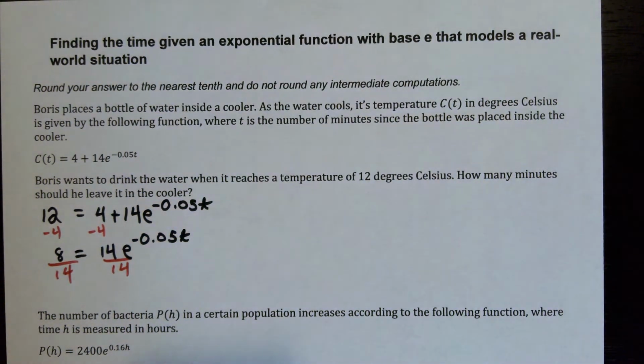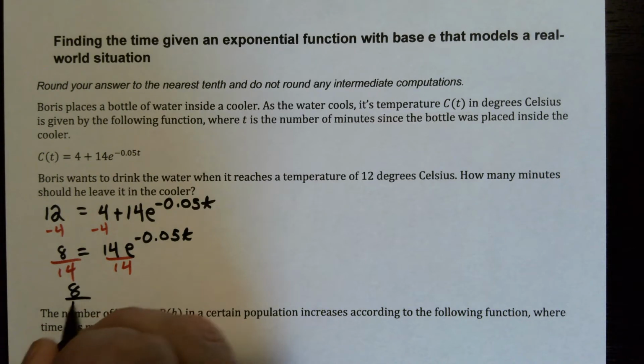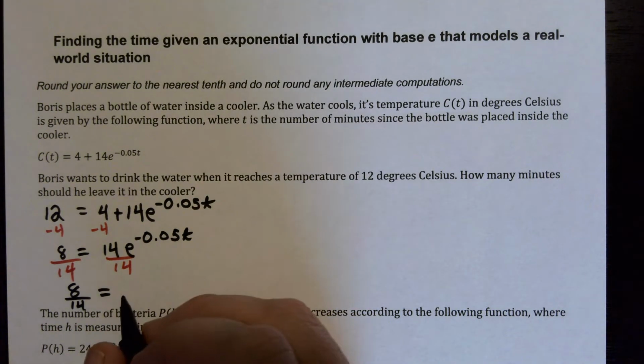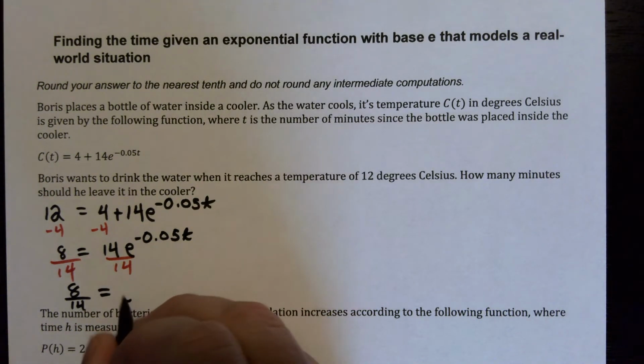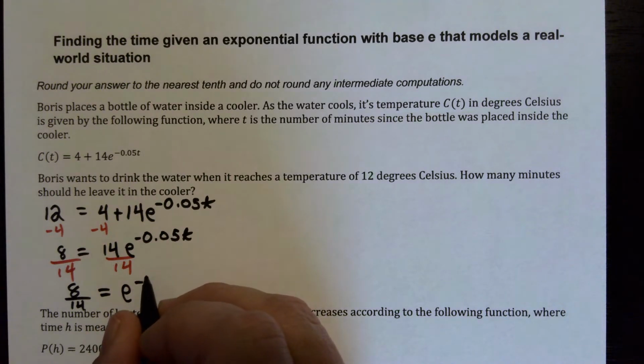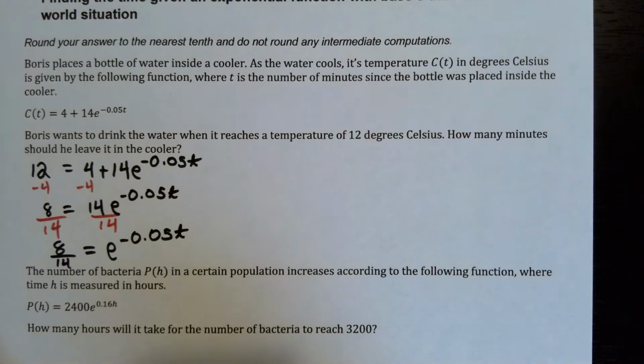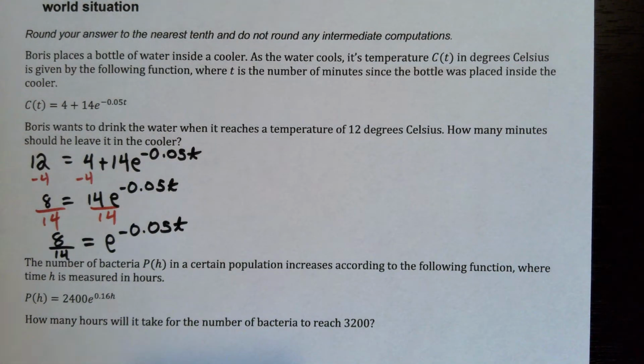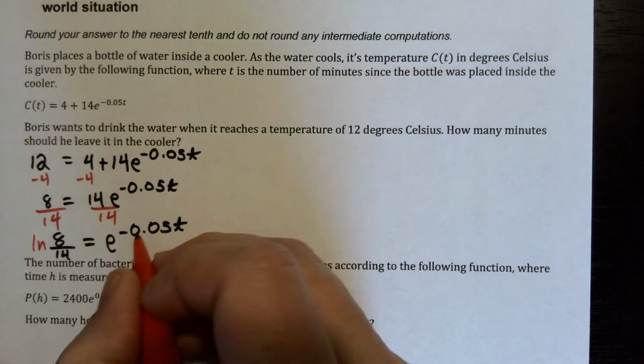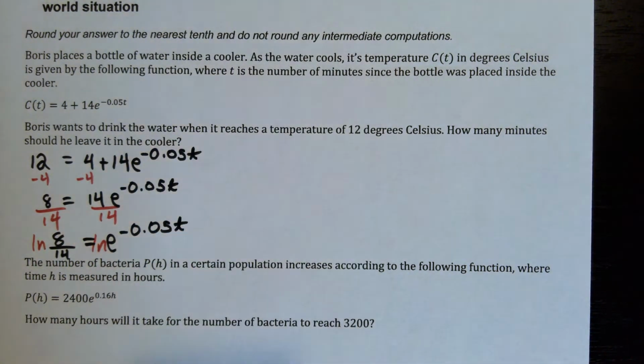So that will give you 8 over 14 is equal to e to the negative 0.05t. Okay, so in order to get rid of the e in this thing, we're going to apply an ln to both sides. So we'll just stick an ln in front of both sides. And we know that when an e and an ln touch, they cancel each other out.